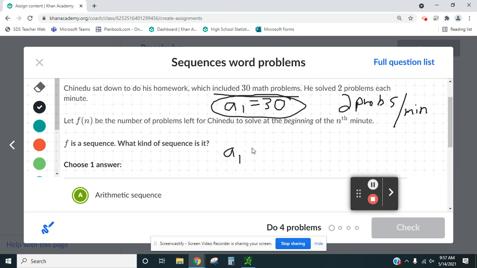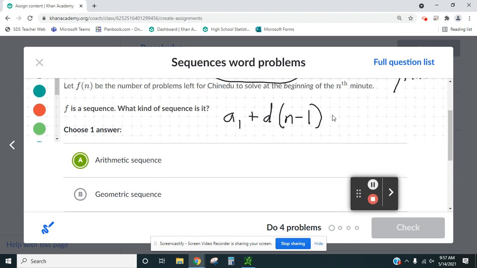Well, hang on. Now, in some cases, the common difference is negative. Okay? So let's play that out here. This is for an arithmetic sequence, right, people? All right, so we started with 30.